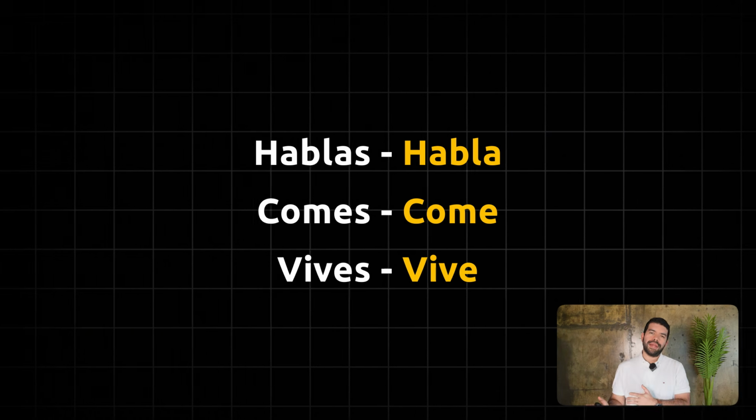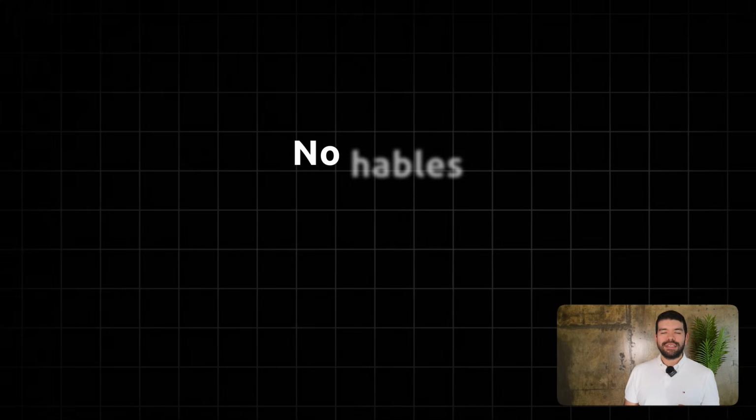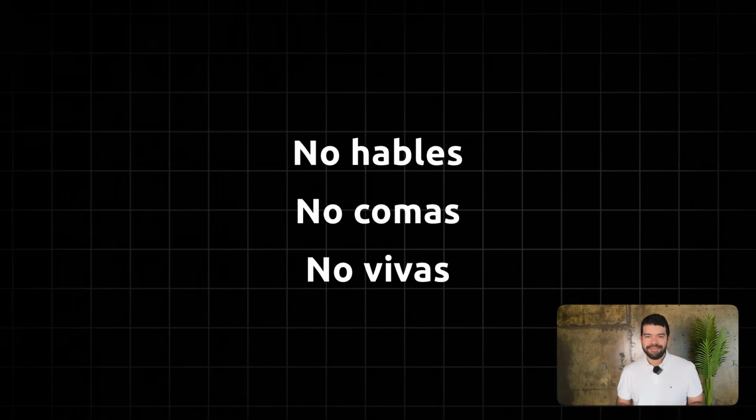Vives, vive. A negative command, of course you need the no, but also you're going to use the subjunctive in the present. No hables, no comas, no vivas. And that's the shortcut. The most important thing to remember is positive and negative commands are built differently. That's why learners often find negative commands harder. But once you recognize the pattern, they become so much easier to understand.